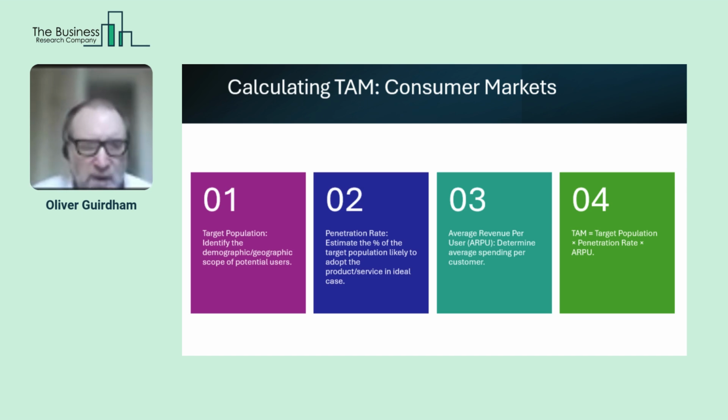If it's the market for marathon running, you might exclude children or the very old, maybe not. But yes, it's the relevant population. And then it's the percentage adoption that you're targeting or that you think is possible.